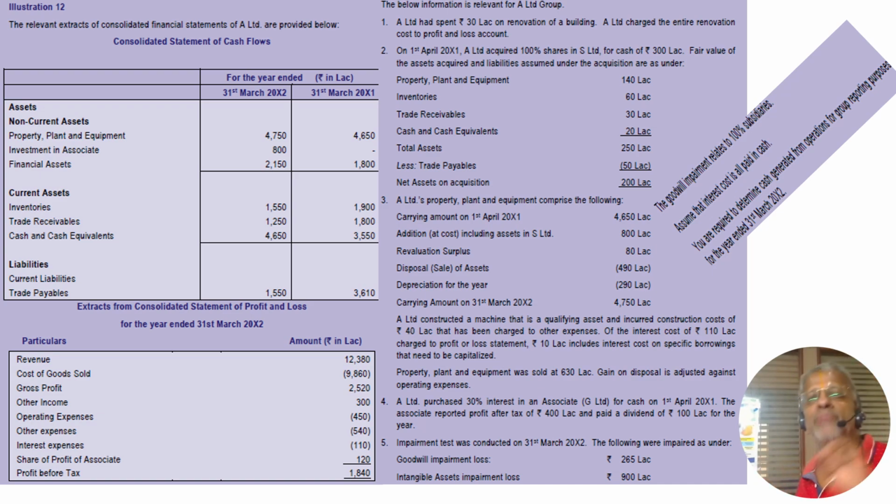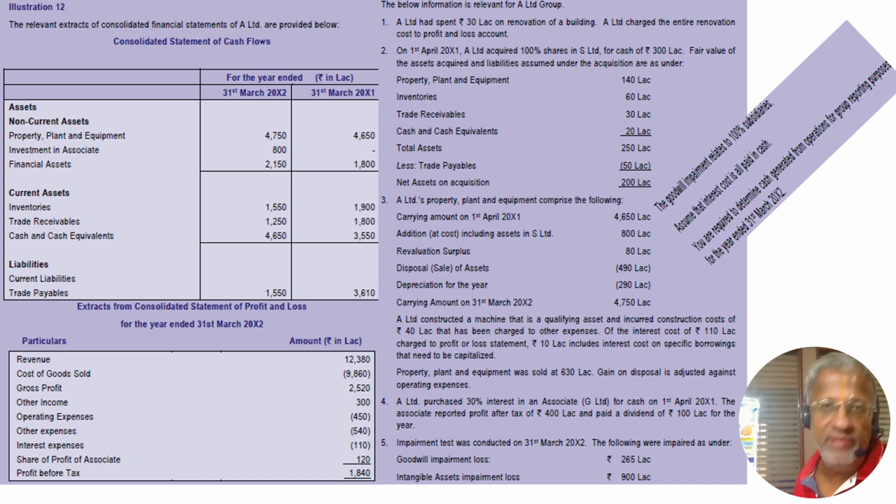So how we have made changes for inventory, trade receivable and trade payable and financial asset, same is the way for cash also you got to bring about some change. What is the change that you got to bring about? It is something like I pay 300 and take 20 would mean the net result is only 280 I paid. So that is the way we should look at.